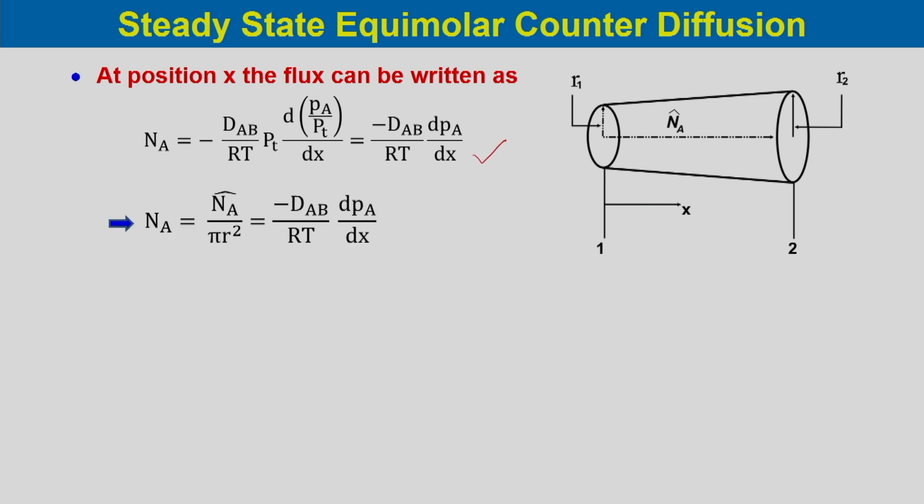Now, from this we can write NA would be equal to NA cap by pi r square, which is equal to minus DAB by RT into dPA/dx.